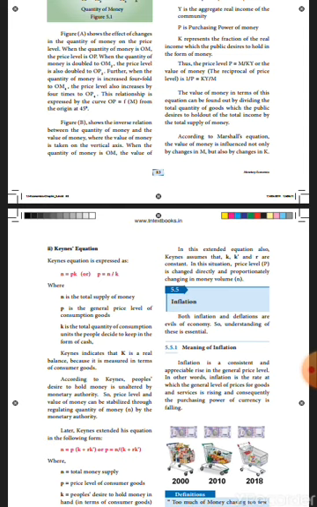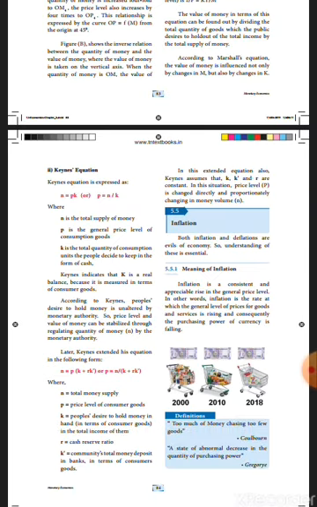So he extended his equation as follows. You refer to the book. N is equal to PK plus RK dash, or we can write it like this also, P is equal to N by K plus RK dash.